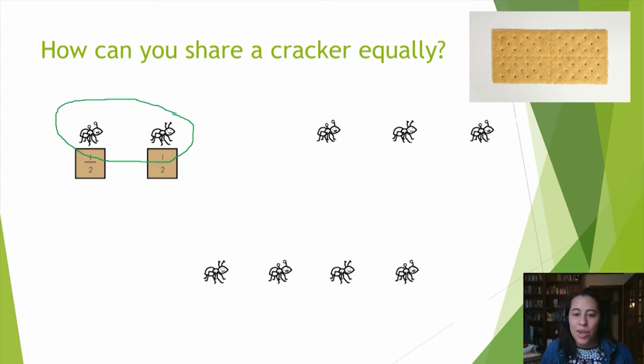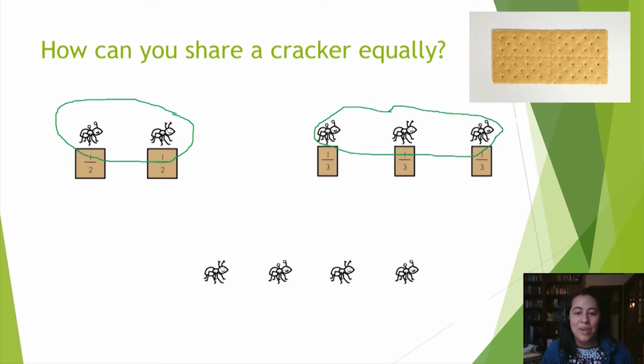Okay, what if there were 3 ants in the group that found the graham cracker? How could we split the graham cracker to make it equal for all? I hope you said we could split it into thirds. So each ant could get 1 of the thirds. They're all the same size, and each ant gets an equal amount.